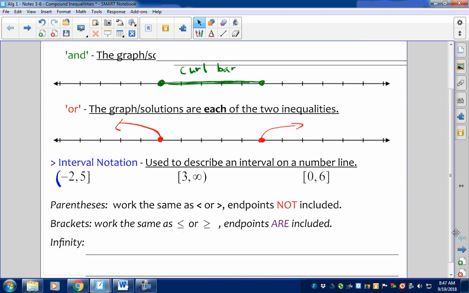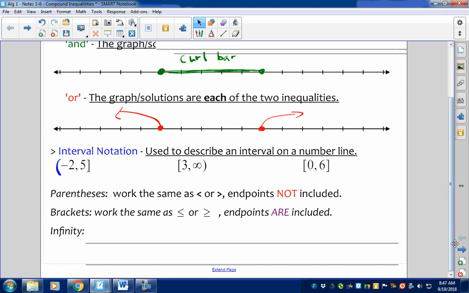The brackets work the same as less than or equal to or greater than or equal to. The endpoints are included. And that little sideways looking 8 is what we call infinity.